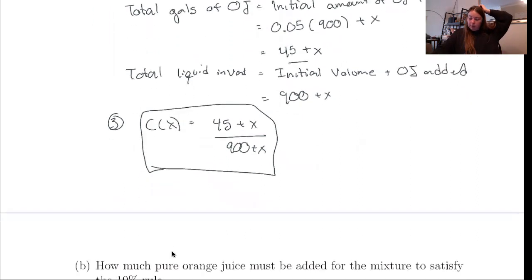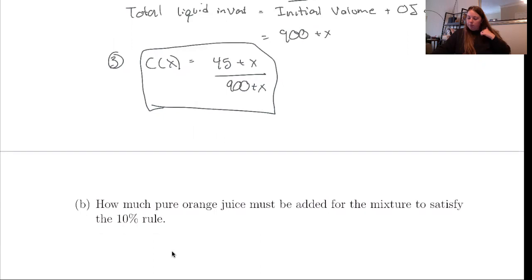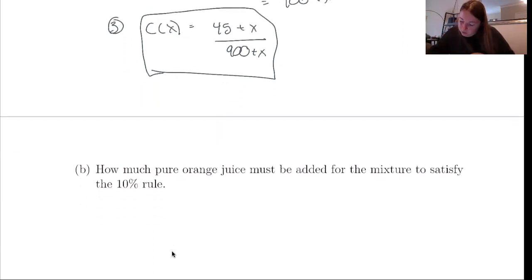That is our model. Is that all we're asked, to construct a model? Okay. We could also have constructed a model for the concentration of non-orange juice. Okay. That's another thing you could have been asked, not inverse, but like complement. There we go. Okay, so how much pure orange juice must be added for the mixture to satisfy the 10% rule?